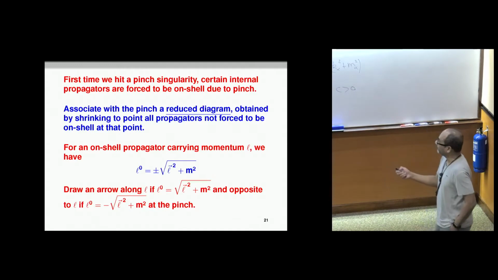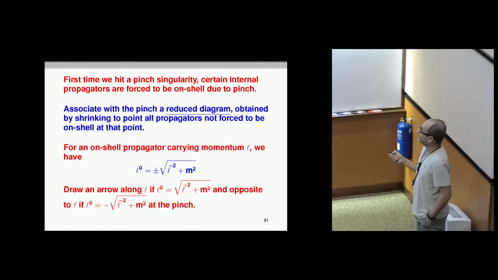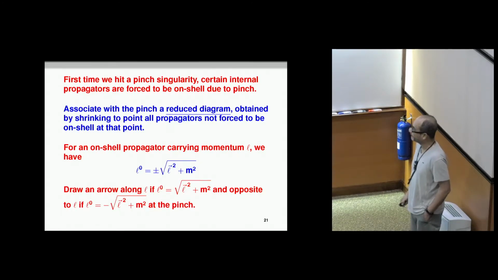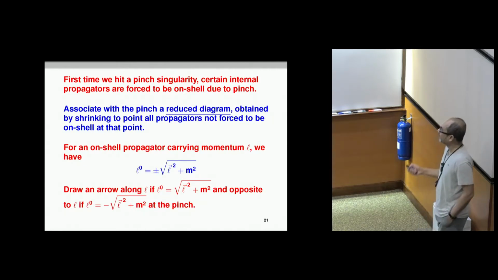We do something more, that if we have an on-shell propagator carrying momentum L, of course this is the on-shell condition, and as long as M is non-zero, only one of these can hold, and depending on which one holds, we will draw an arrow along L if L0 is positive, that means if L0 is a plus square root of L square plus M square, and opposite to L if L0 is negative.